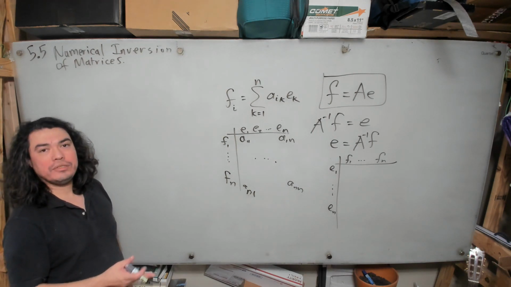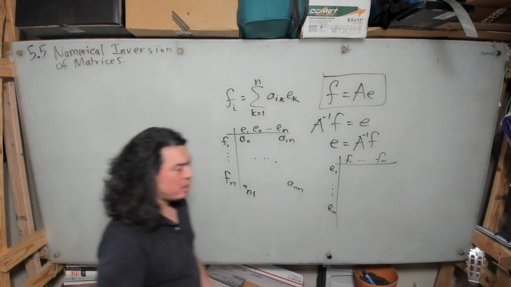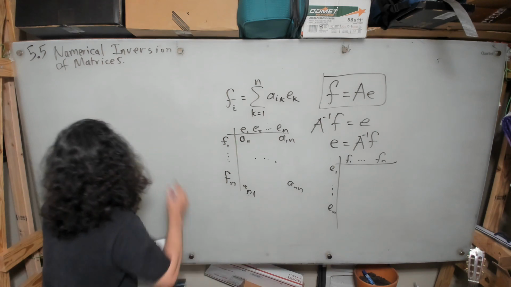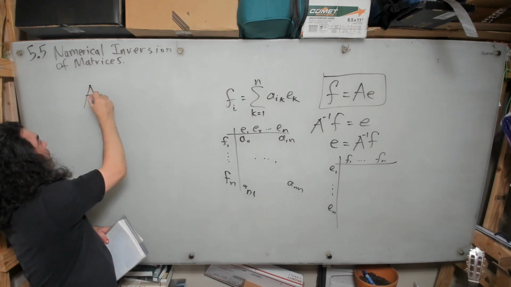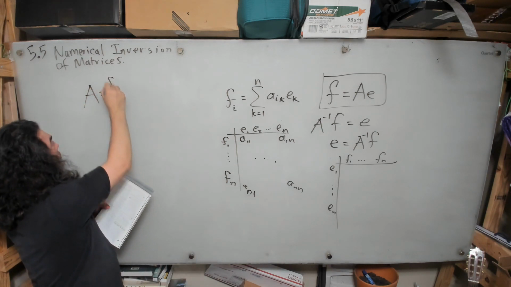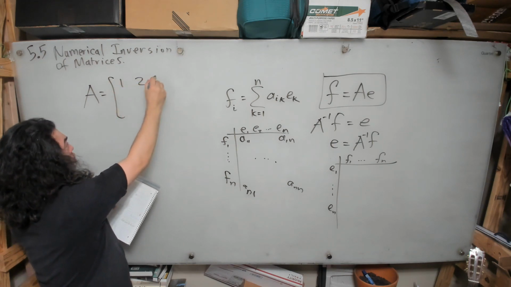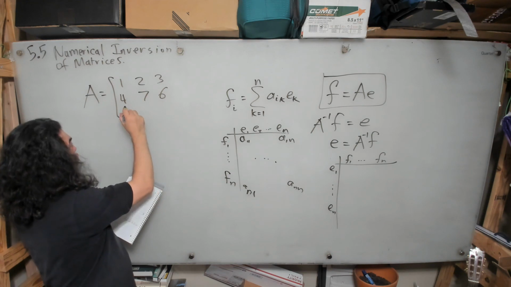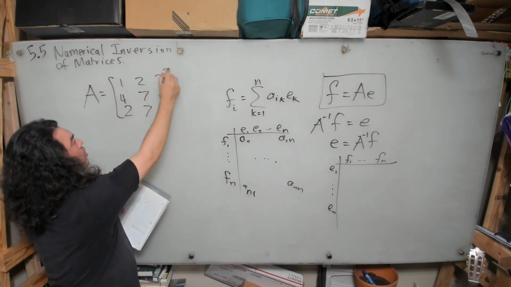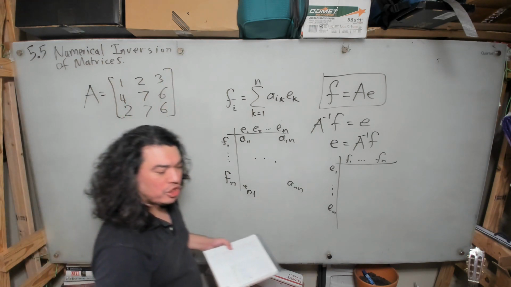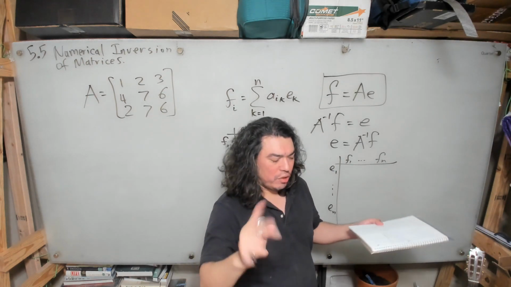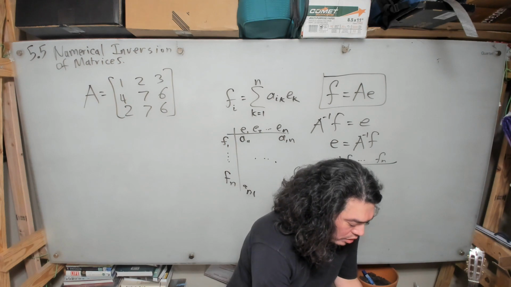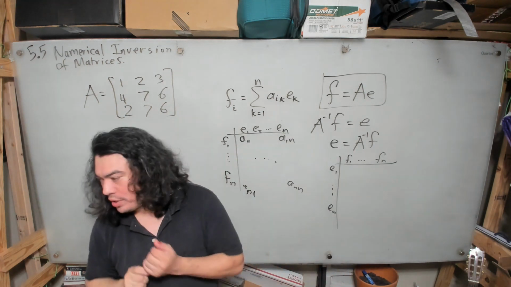All we do, if we want to find the inverse of, let's say, the matrix A equals 1, 2, 3, 4, 7, 6, 2, 7, 6, is make the exchange tableau and exchange out all the variables. So now let's do that together, so that we can all be filled with joy.